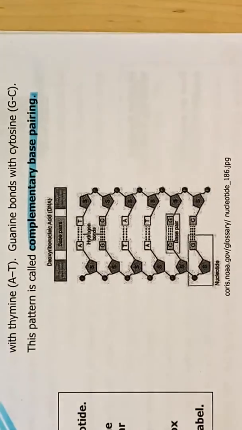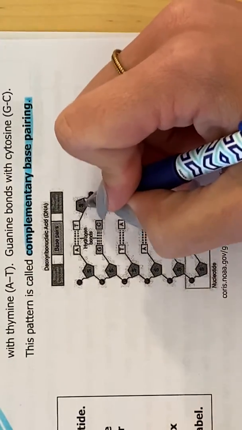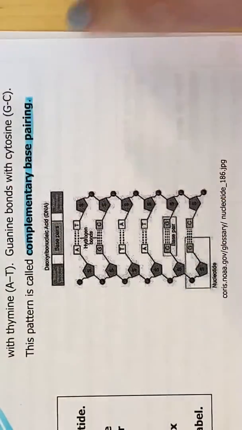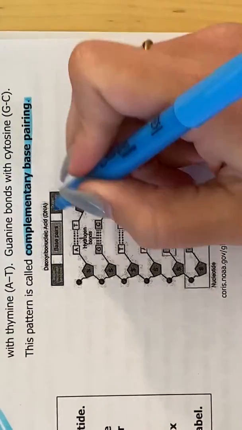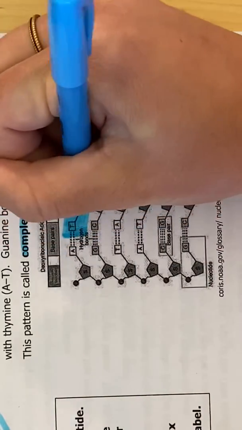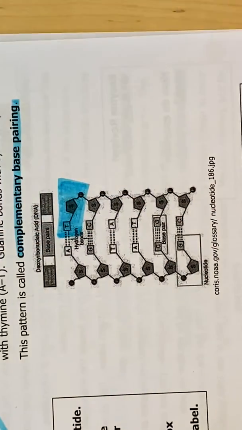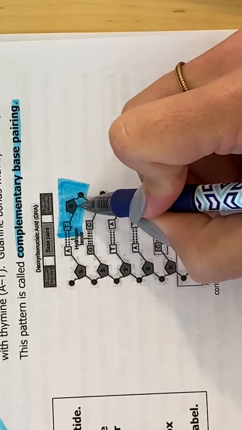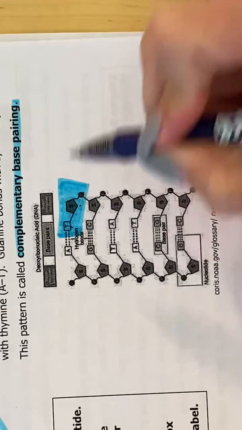Okay, so if we're looking at this diagram, we see our sugars are pentagon shaped, really, so 5-sided sugars. All right, so we've got a sugar, a phosphate group, which is represented by the little circles, and then a nitrogen base. So we're gonna highlight that entire section. So a nitrogen base, I picked the one that had thymine, I picked the one that had T. So it has the nitrogen base thymine, it has the sugar, and it has the phosphate group.